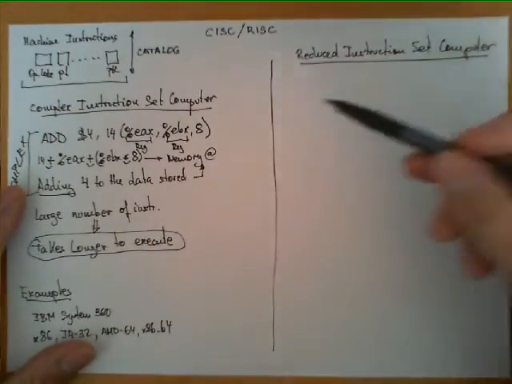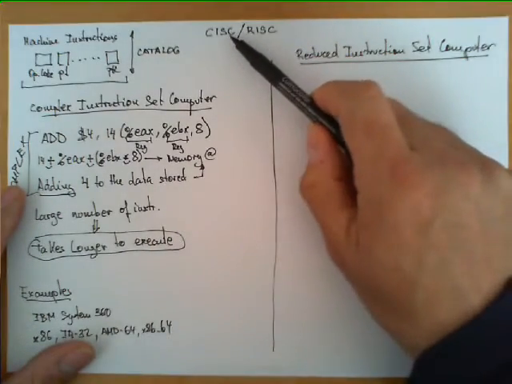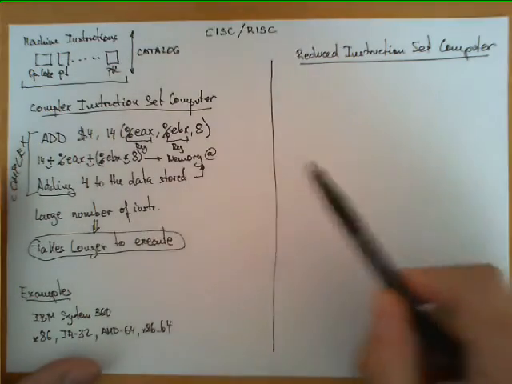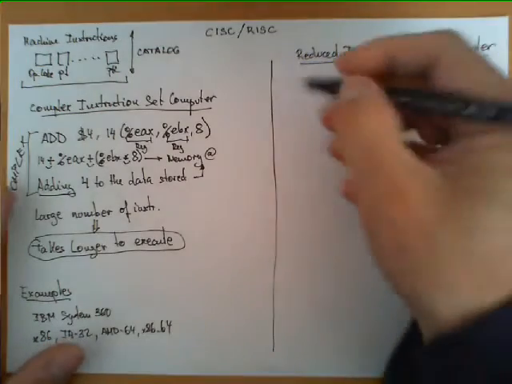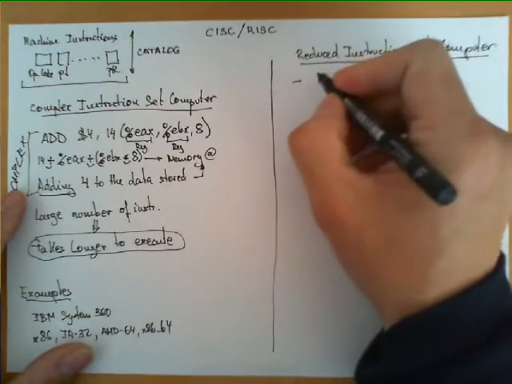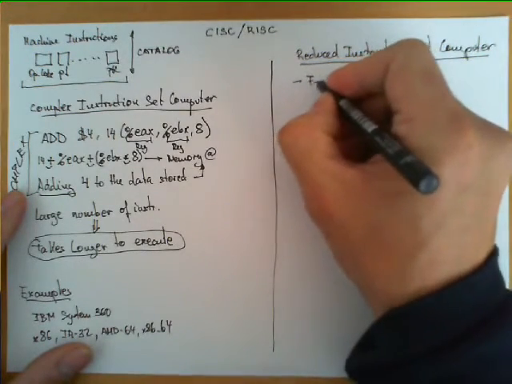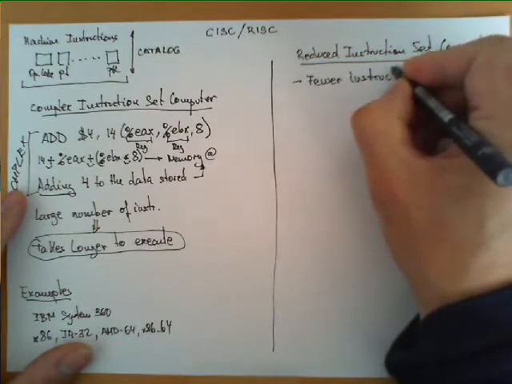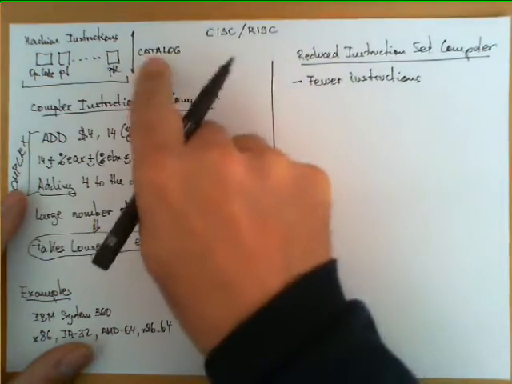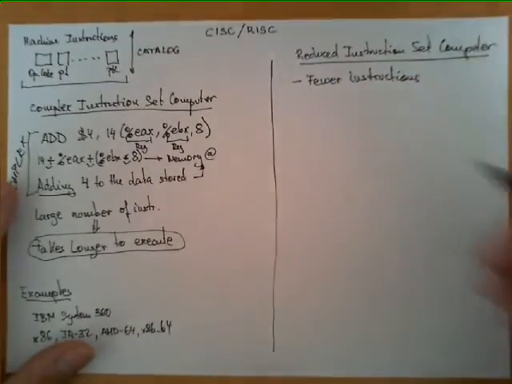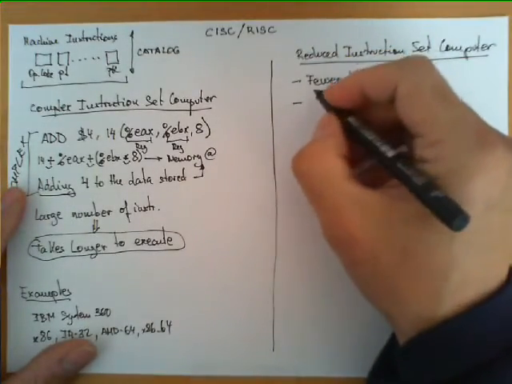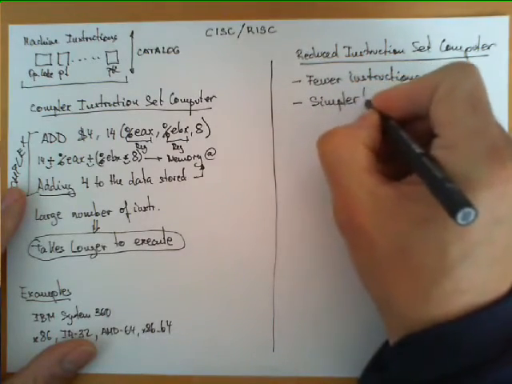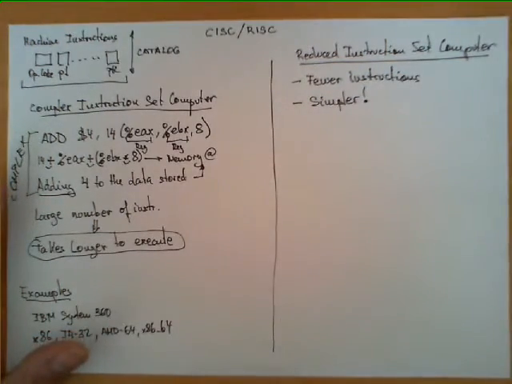Rather than having a microprocessor or a digital circuit capable of executing a large and complex set of instructions, what this type of architecture is going to propose is to use fewer instructions. So in other words, this catalog we mentioned at the beginning will be much shorter, and each one of them will be simpler, and this is perhaps the key observation.